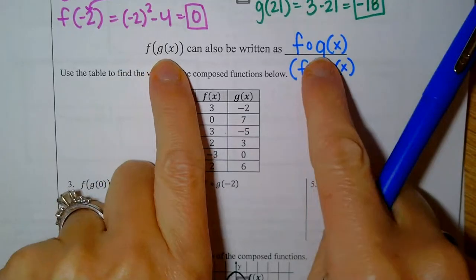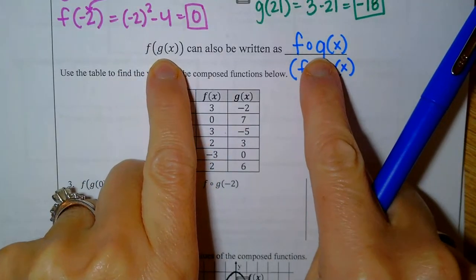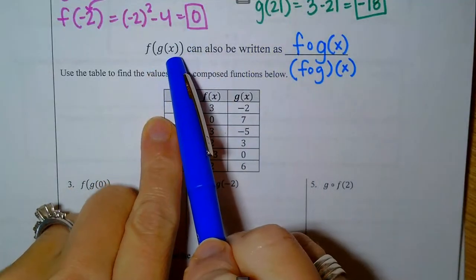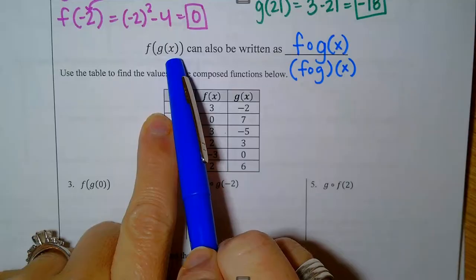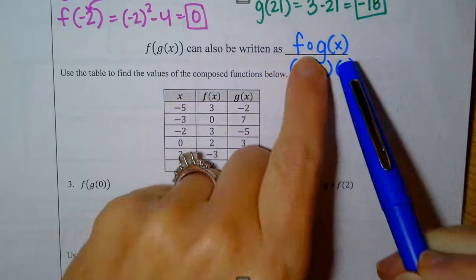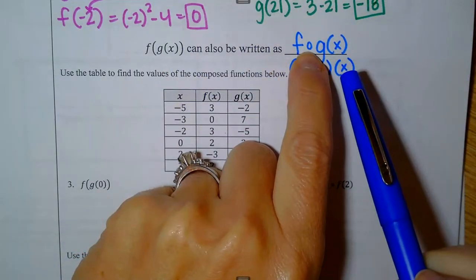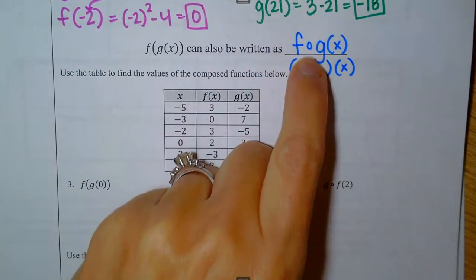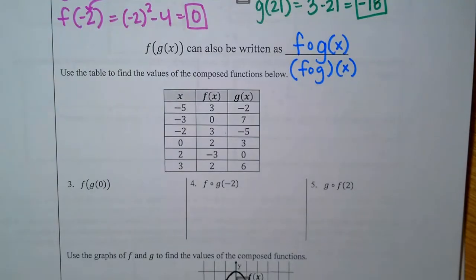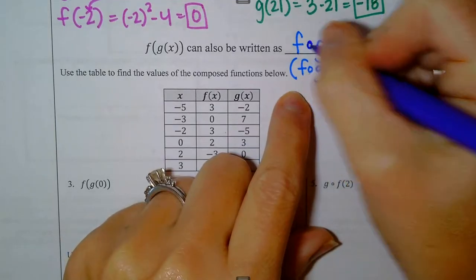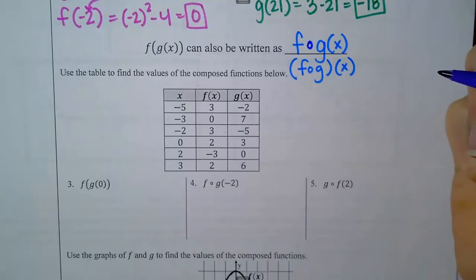I Googled it, and they said because sometimes people got this confused with multiplication. This little O is the operation for a composition of functions, the mathematical operation. When you see a plus sign, you automatically know plus. So hopefully when you see this little O sign, you know that it's a composition of functions.